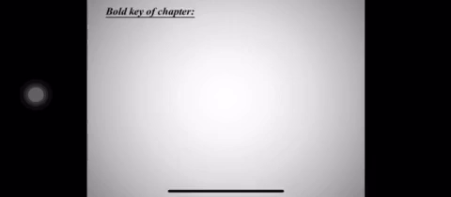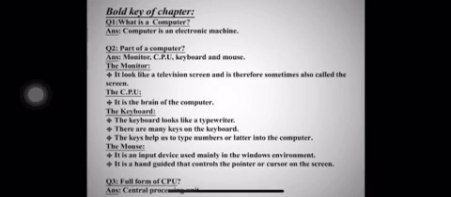Bold key of computer. What is a computer? A computer is an electronic machine, part of a computer, monitor, CPU, keyboards, and mouse. The monitor. It looks like a television screen and is therefore sometimes also called the screen. The CPU. It is the brain or heart of the computer. The keyboard.